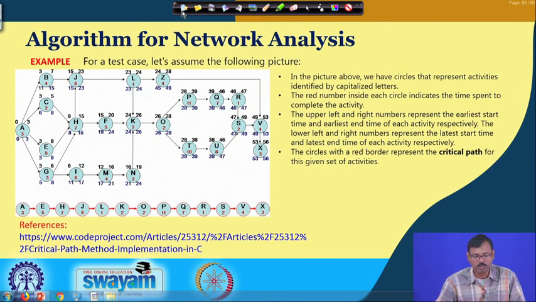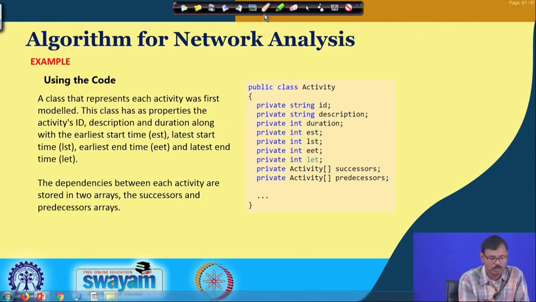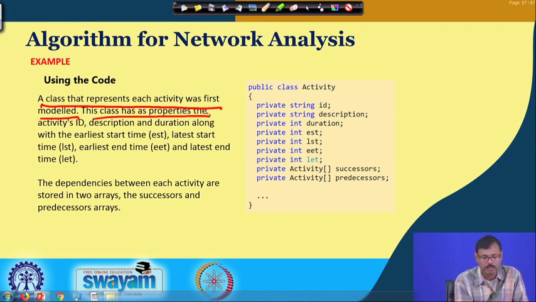So, how have we come out with this critical path by calculating this? There is one program given in this reference. You can see this reference also. What is the basis of this? First, using code, a class that represents each activity is modeled, and this class has as properties the activity ID, description, duration, early starting time, late starting time, and end time.